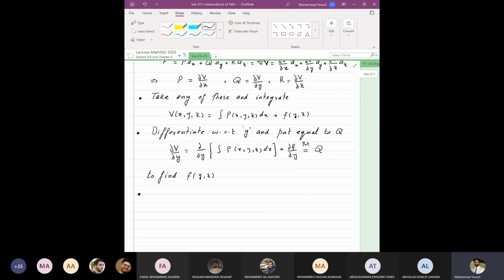And then again differentiate the answer in step 2. So maybe I write 1, 2, and 3.